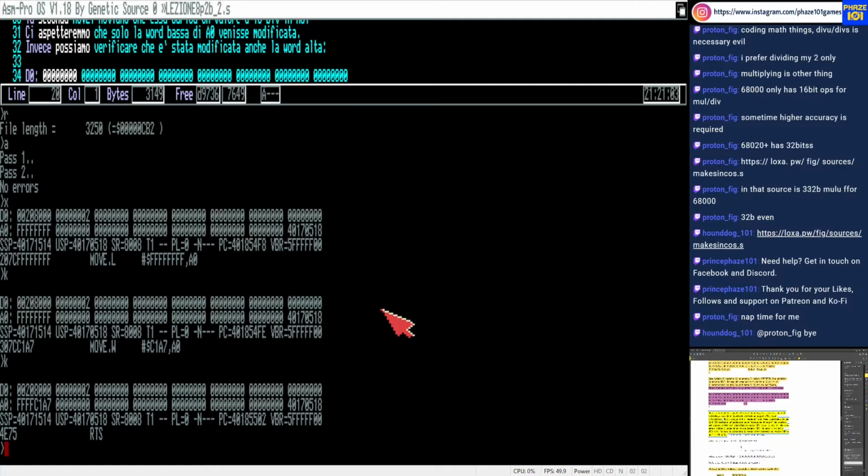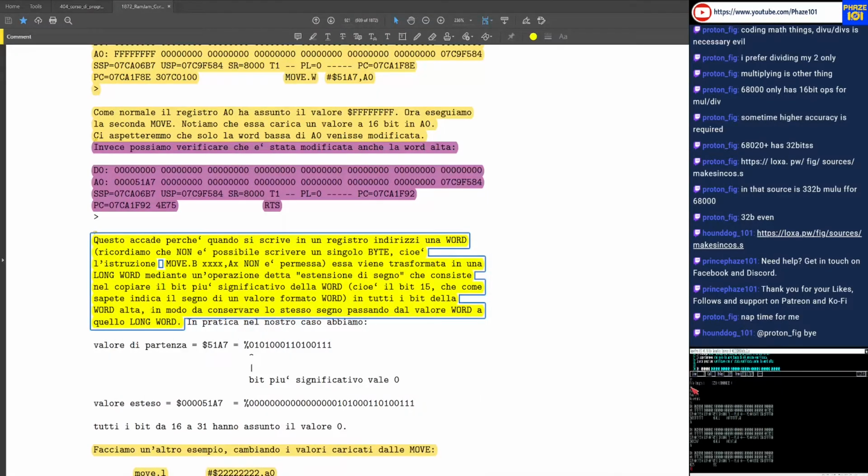So remember, and I'm going to switch on the book now because that's why it was highlighted. Remember that when moving to an address register, it maintains the sign.